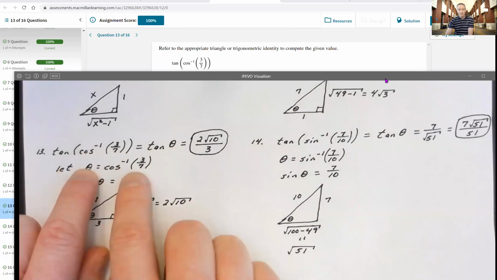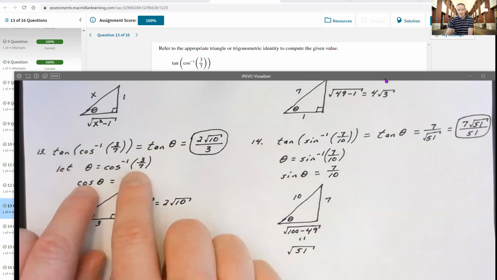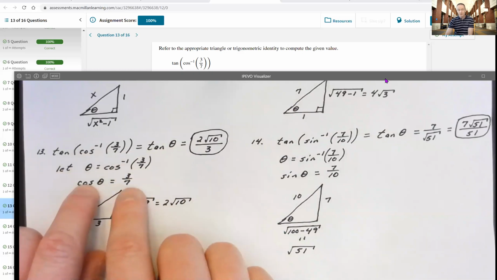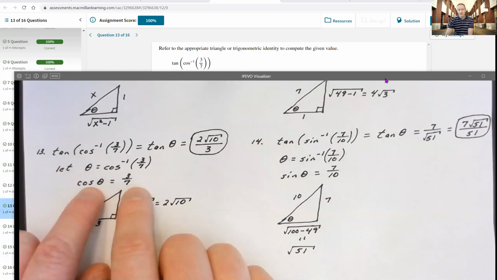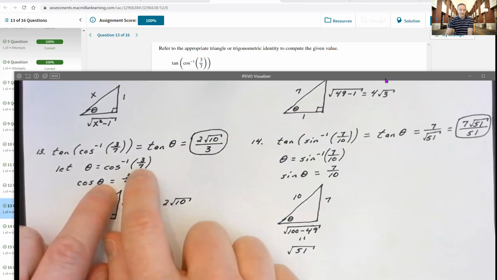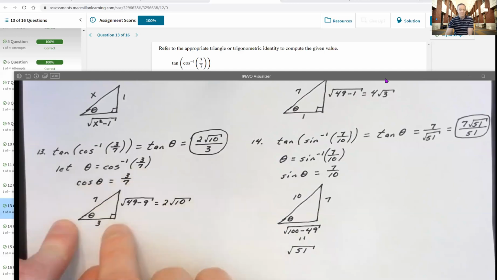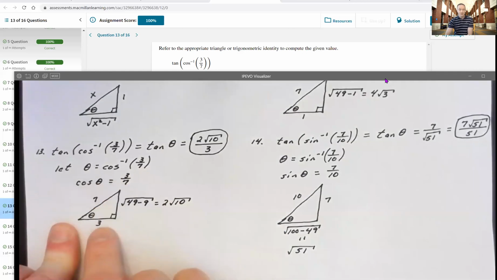I'm letting theta represent the inverse cosine of 3/7, which means the cosine of theta is going to equal 3/7 because cosine and inverse cosine cancel. So if the cosine of theta is 3/7, what does that tell me about a right trig triangle? It tells me that the side adjacent to theta is 3 and the hypotenuse is 7. That's what I've done down here. I've created my right trig triangle with adjacent 3, hypotenuse of 7.